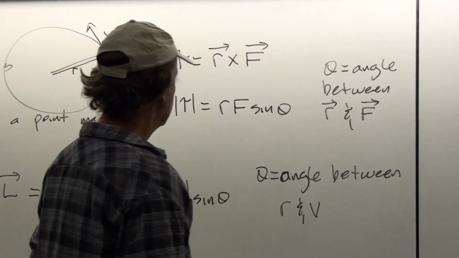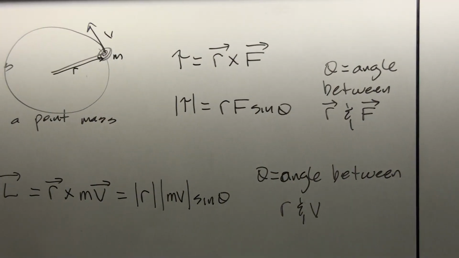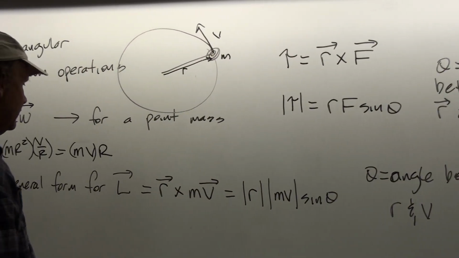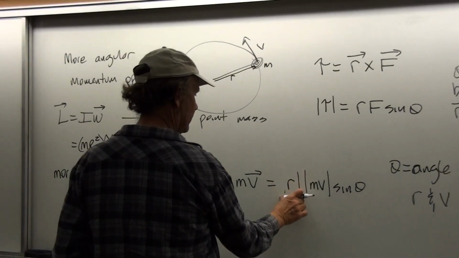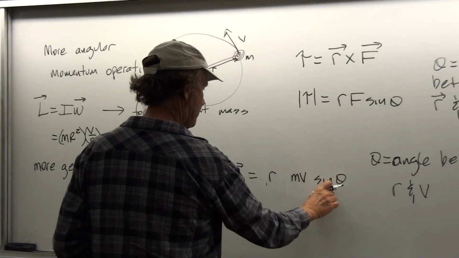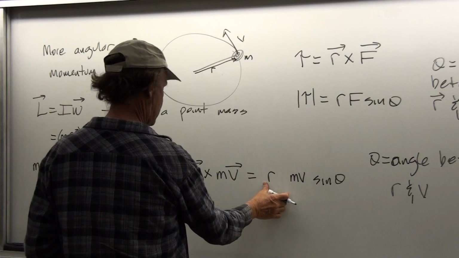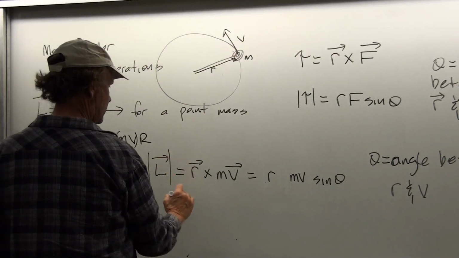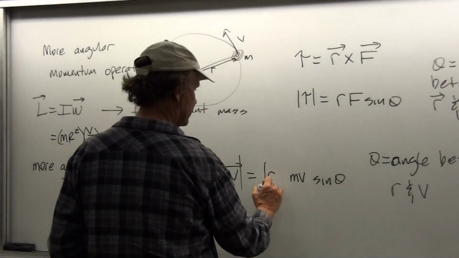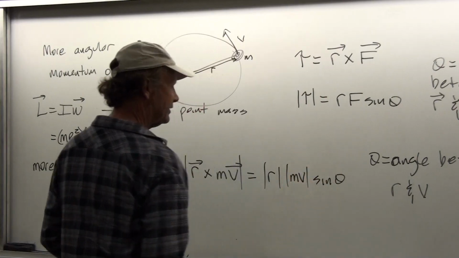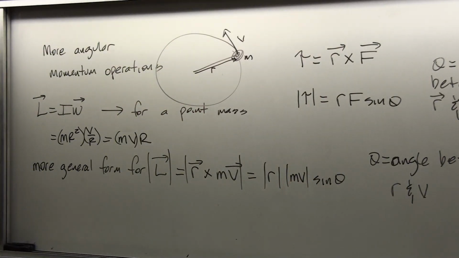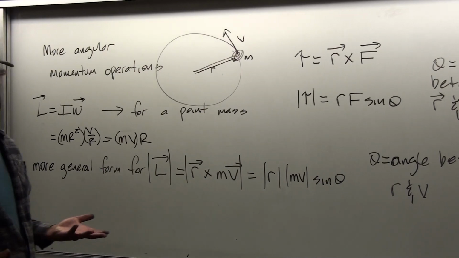Now, that just gives us the magnitude. Okay, so the magnitude of L, I should say here, is going to be equal to the magnitude of r cross mv, the magnitude of r times the magnitude of mv times the sine of theta. Okay, so that's true for the magnitude. How do you get the direction?